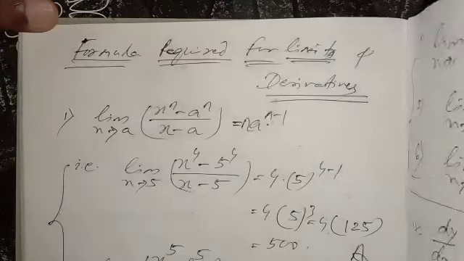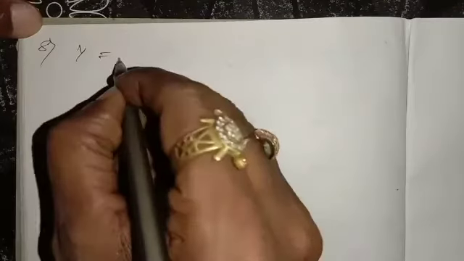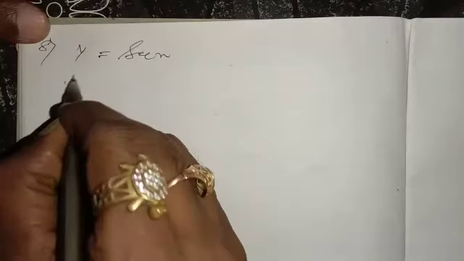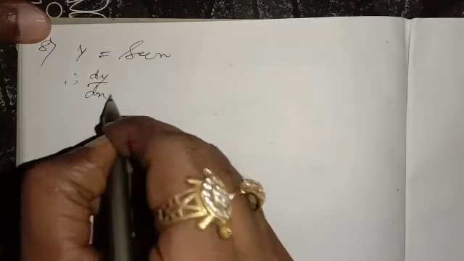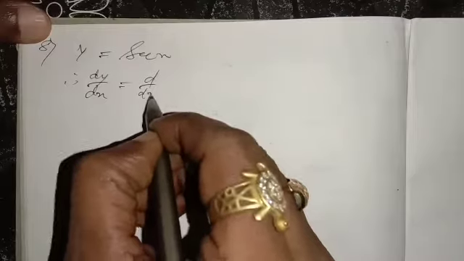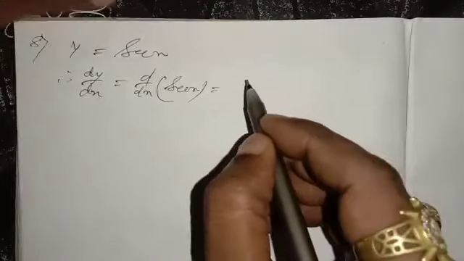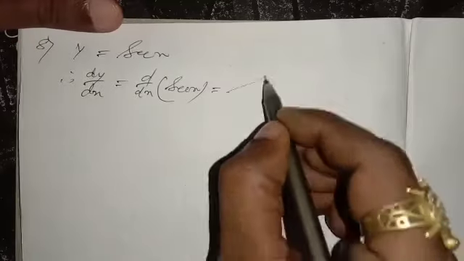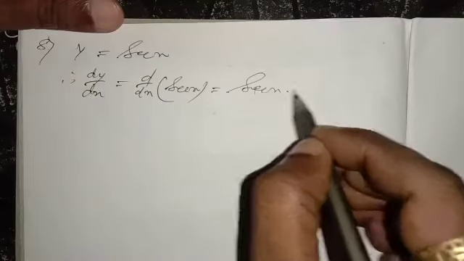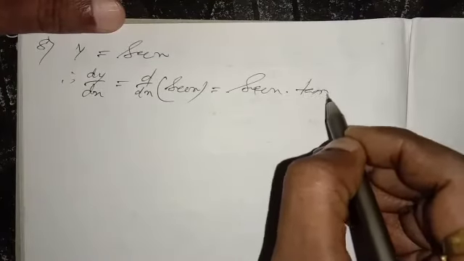Number 8, if y is equal to sec x, therefore dy by dx, the derivative of sec x is sec x into tan x.